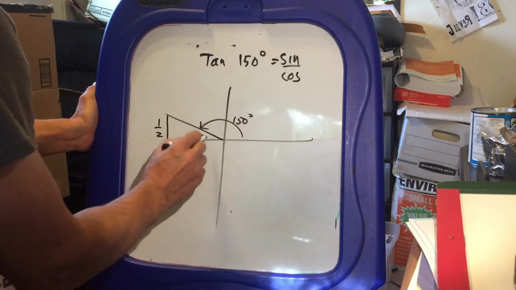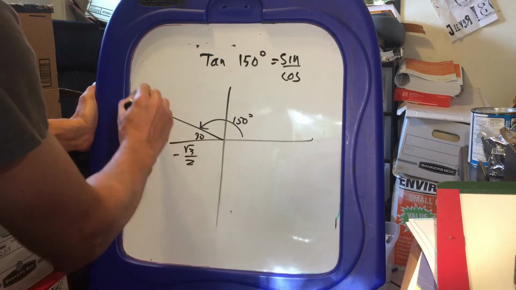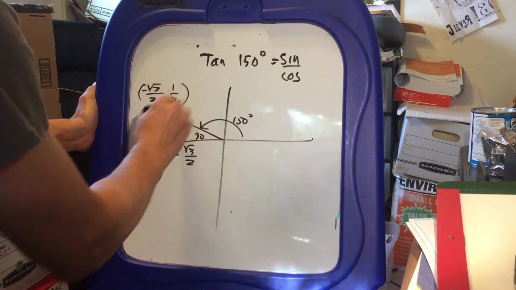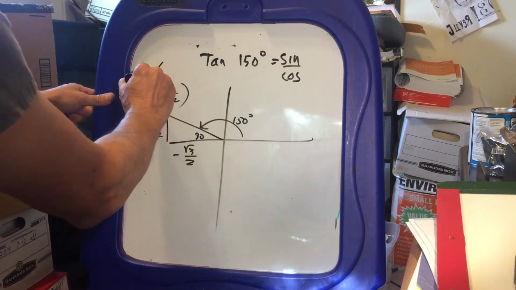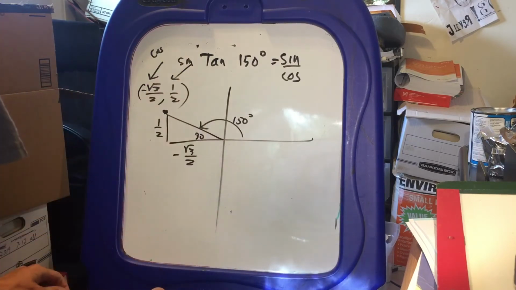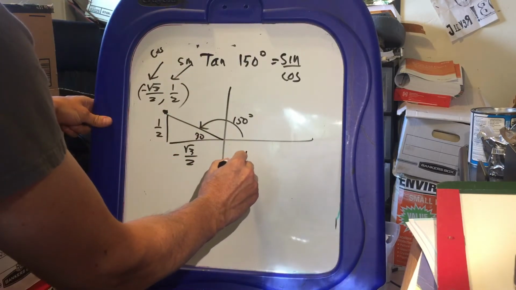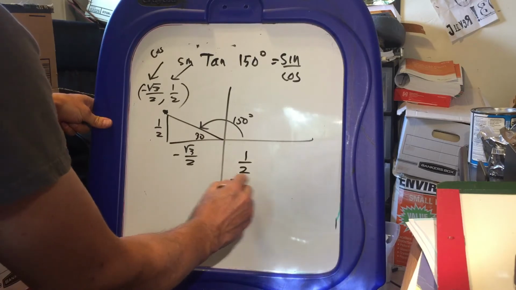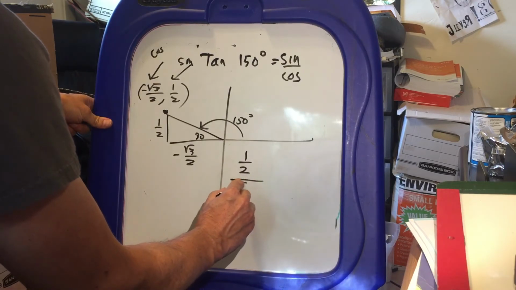What's this coordinate right here? It's negative root 3 over 2, comma, 1/2. Okay? What's the cosine? This. What's the sine? This. What's the tangent? Sine over cosine. 1/2 is the sine over the cosine, negative root 3 over 2.